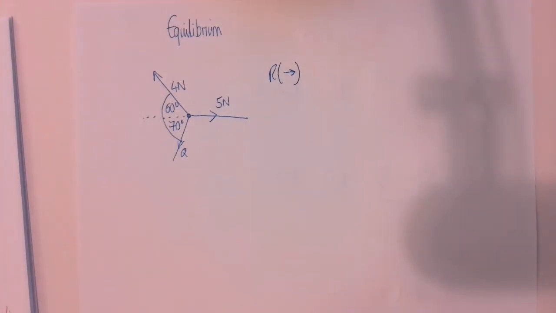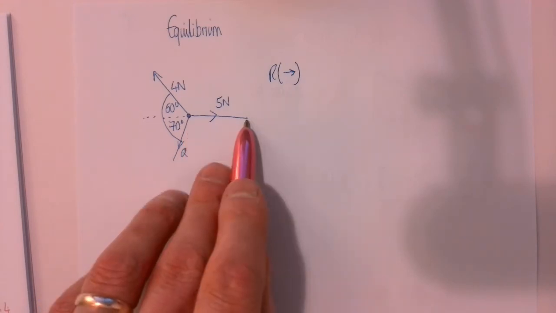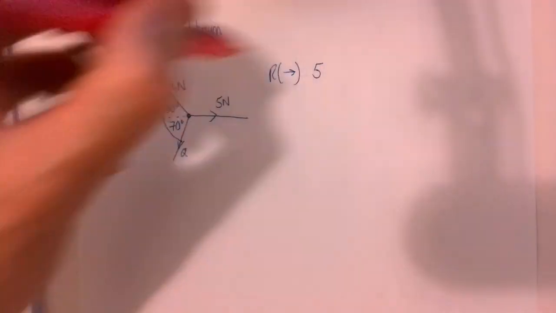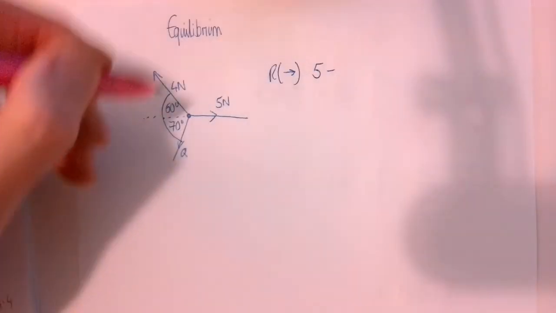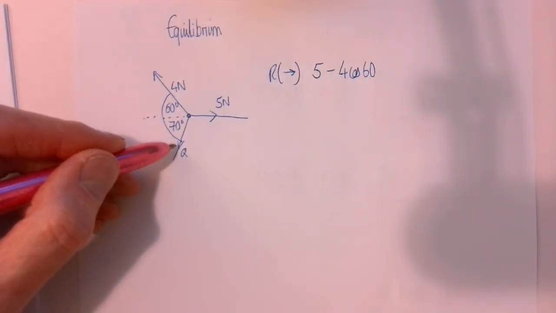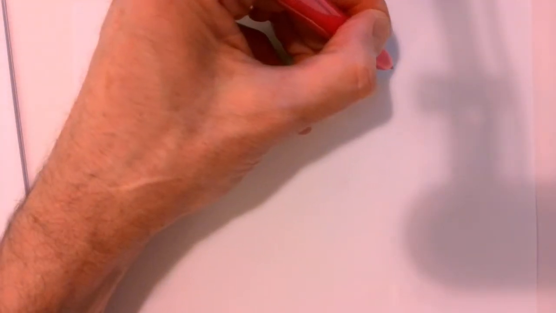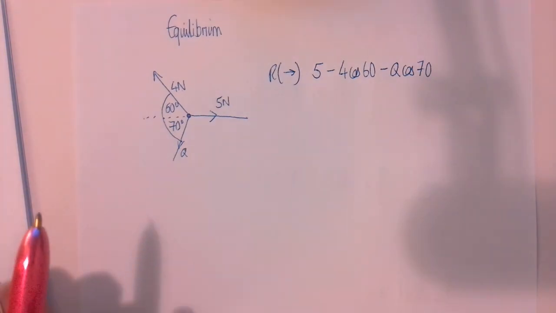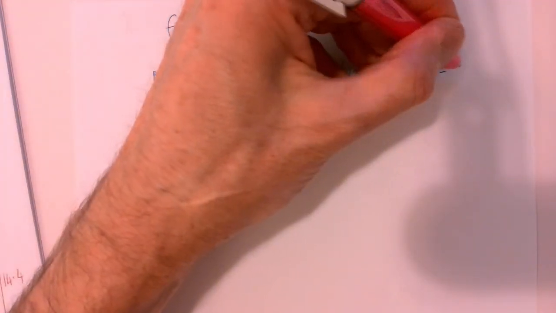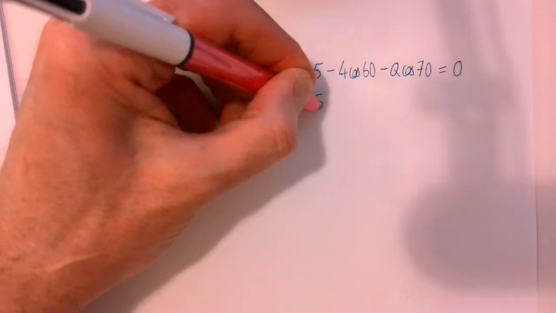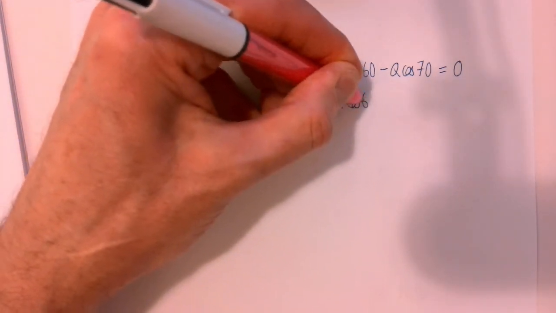So if I consider the horizontal force, I've got 5 newtons actually in the horizontal direction, but then I've got two forces acting against it. So I've got 4 cos 60, and I've got Q cos 70. And because they're in equilibrium, that's going to equal 0. So a little bit of maths here.